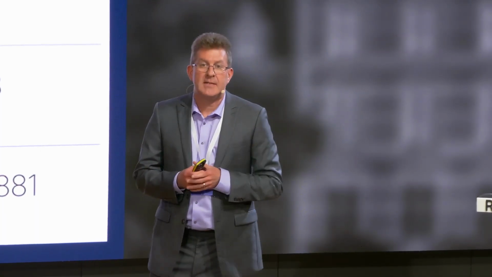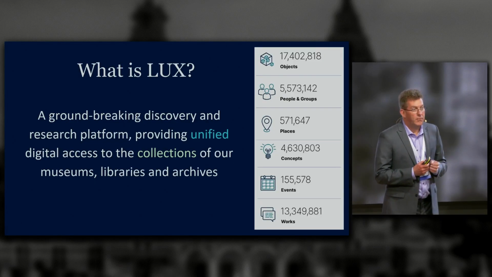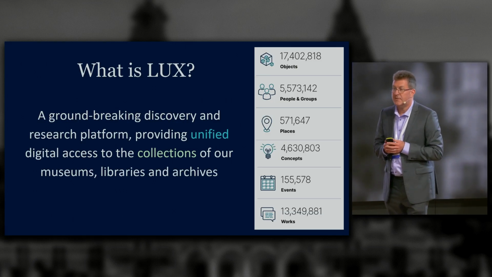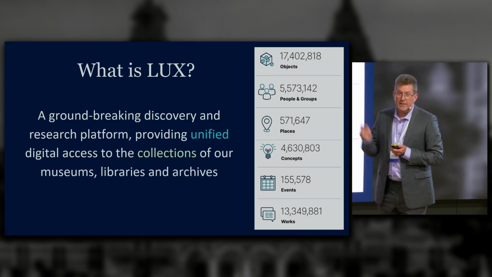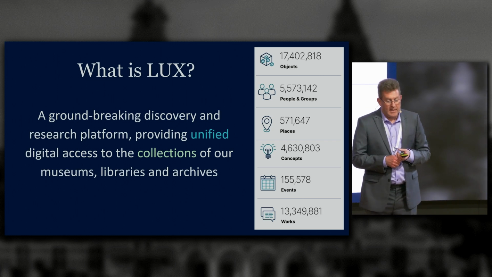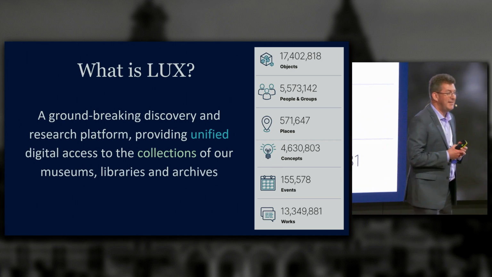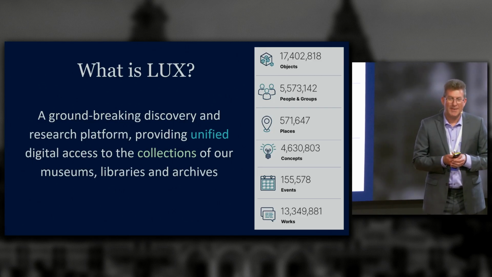So what is LUX? We think of LUX as a groundbreaking discovery and research platform that provides unified access to all of the collections of our museums, libraries, and archives at Yale. You can see the numbers there. We have 17 million objects, not as many as the Smithsonian by a long stretch, but still a significant number.